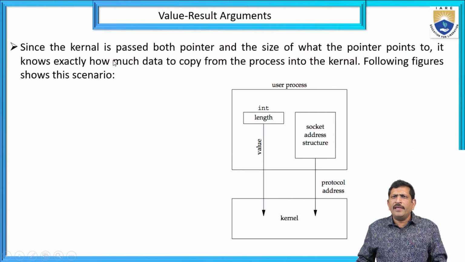Since the kernel is passed both the pointer and the size of what the pointer points to, it knows exactly how much data to copy from the process into the kernel.